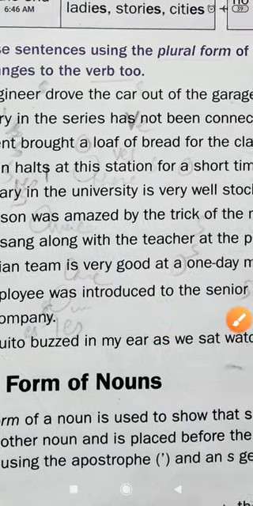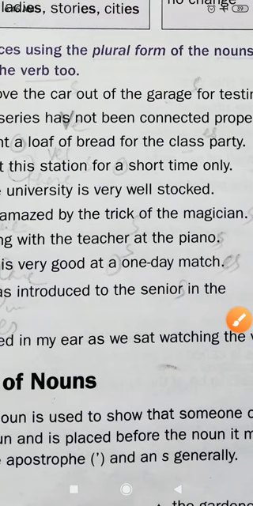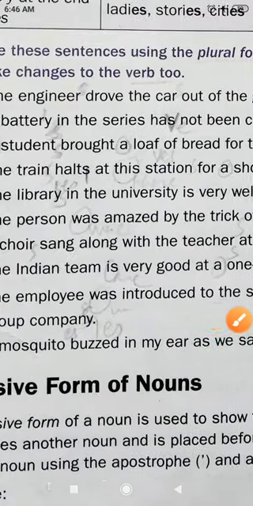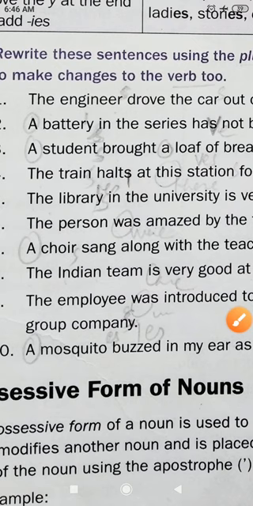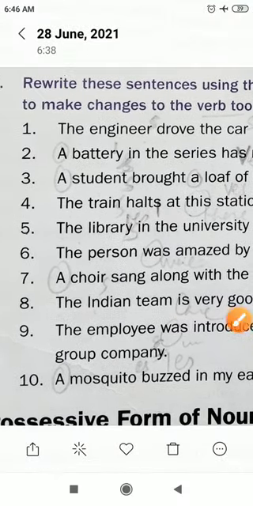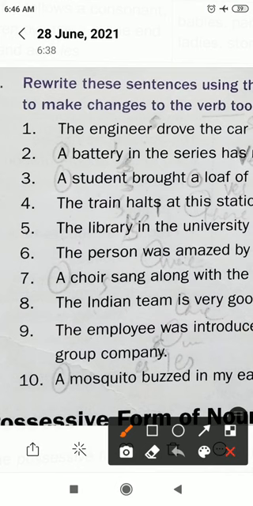Okay, to introduce the, in place of senior, we add s, seniors. And group of companies: remove y and add ies, companies.